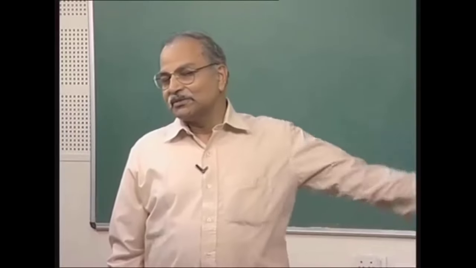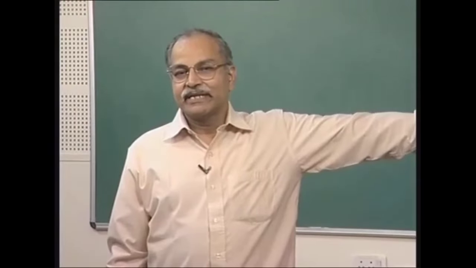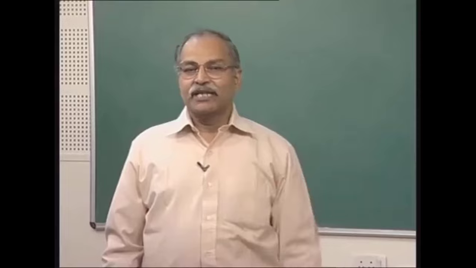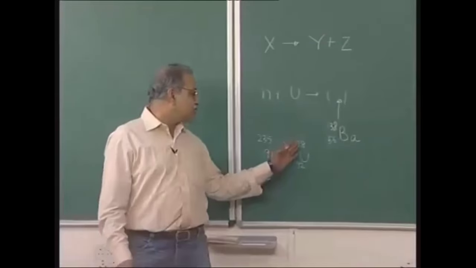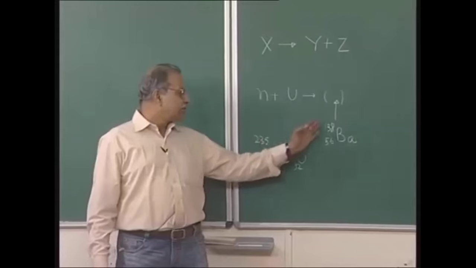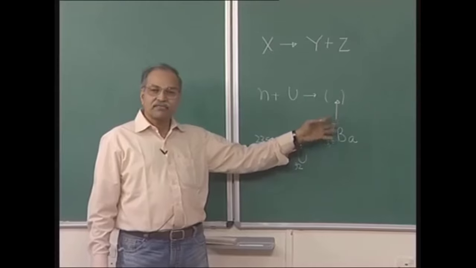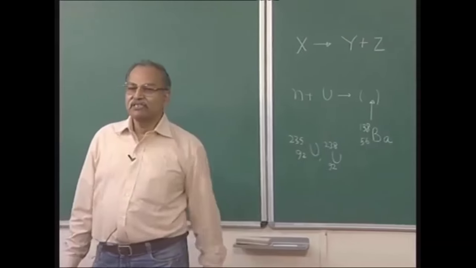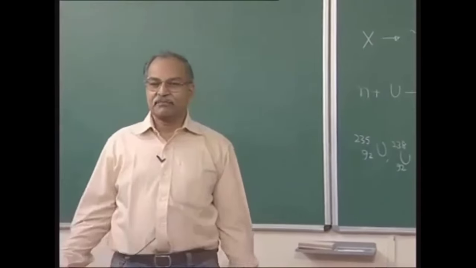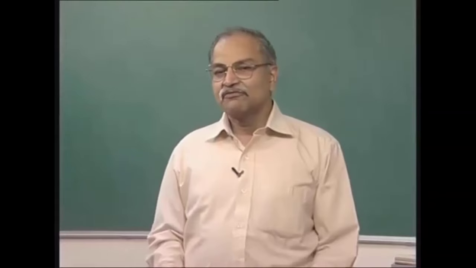And then they found many other elements in this irradiated uranium. That means from 238 or 235 you are getting these medium weight nuclei of something like 130, 140. So, that was the start of nuclear fission experiments.